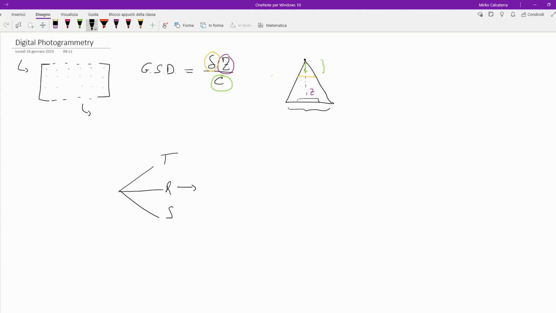For example, if an object absorbs all the energy and doesn't reflect anything, it is black. So black is a color that absorbs all the energy without reflecting anything. On the other hand, we have white, a color that reflects everything without absorbing anything.